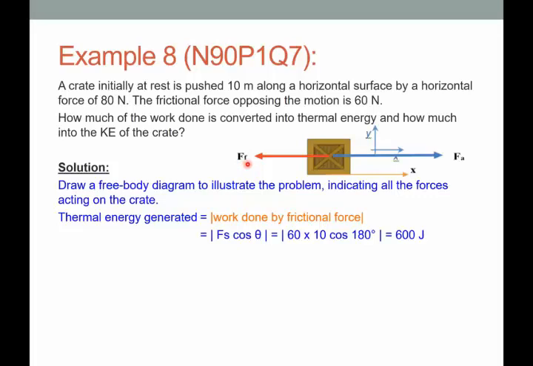Of course, thermal energy generated will be the work done by frictional force, so in this case it's just Fs cosine theta. Since the displacement of 10 meters is to the right, which is opposite in direction to the frictional force, the angle is 180 degrees. The displacement is 10 meters, the force is 60 newtons, so the thermal energy generated is 600 joules.